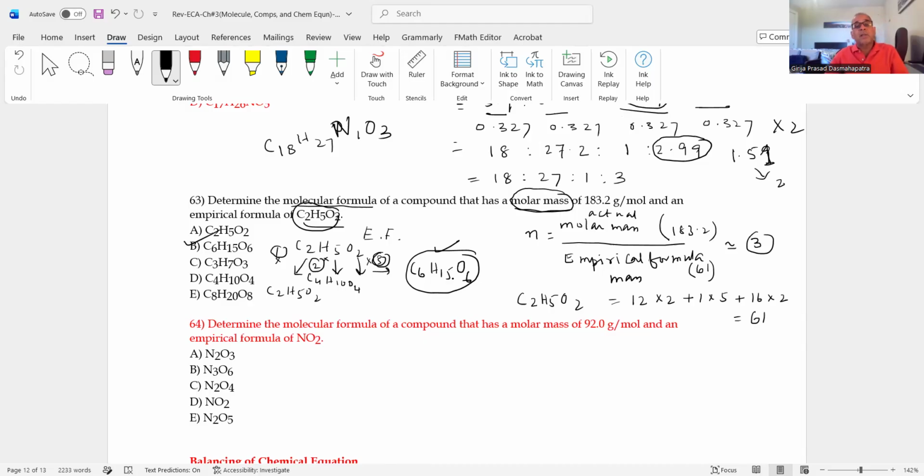And then you can find out the n, which is the ratio of the actual molar mass over the empirical formula mass, and whatever number you find, multiply the number of atoms by the same factor, and you find out the molecular formula. I hope it is clear. Okay.